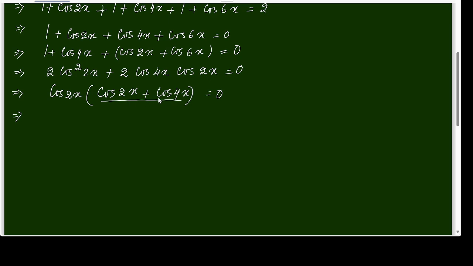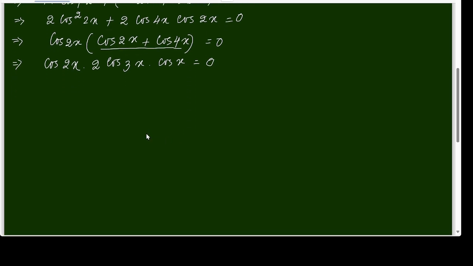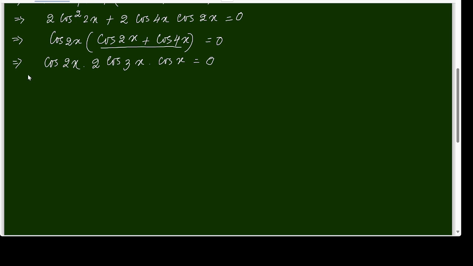So again I'll put the formula for cos 2x plus cos 4x, which is cos a plus cos b. So it will be 2 cos 3x cos x equals 0. So here we have 3 factors. 2 will be divided.